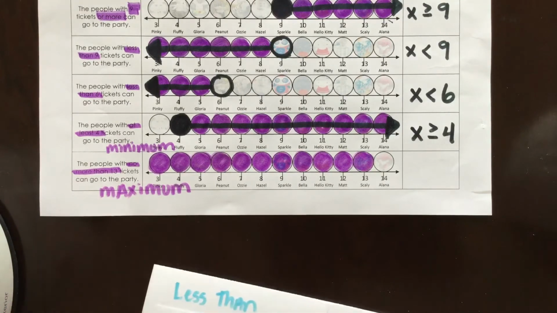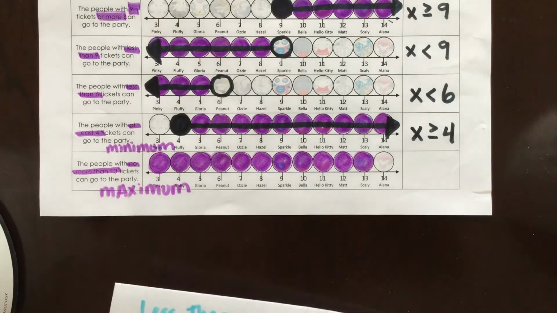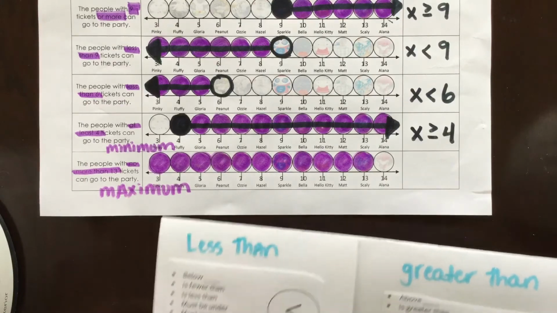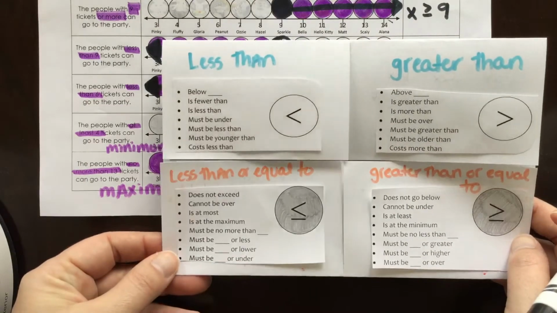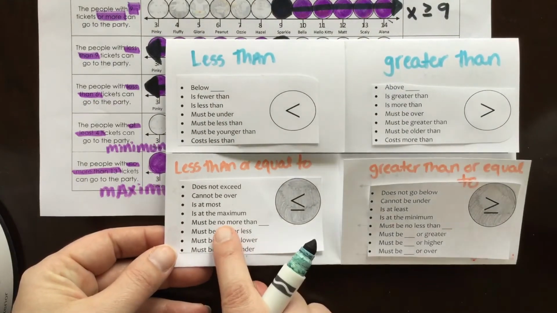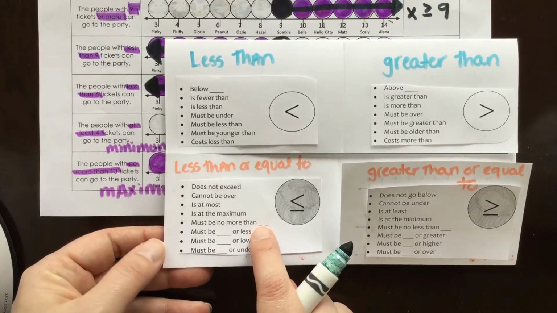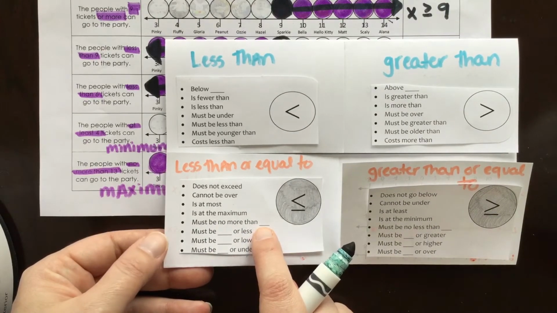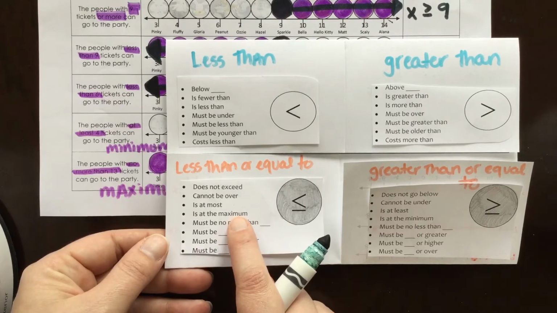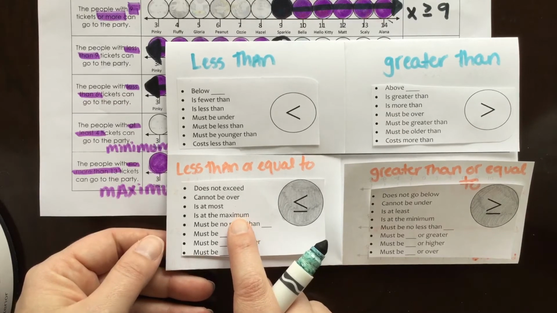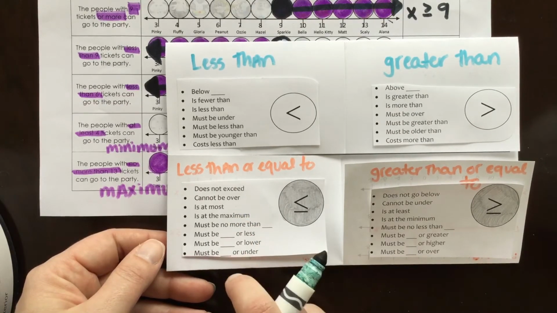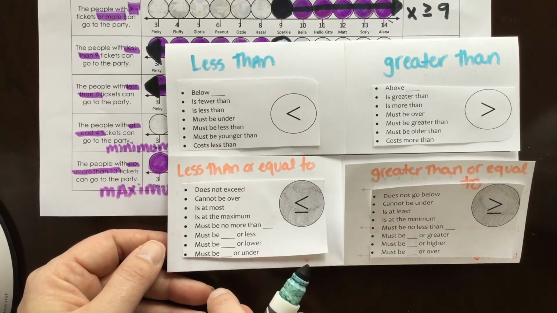Finally, the people with no more than 13 tickets can go to the party. When we see no more than, must be no more than, we mentioned that that's like a maximum number. That's also on there. And Hazel had explained that you could equal 13 or you could be under 13.